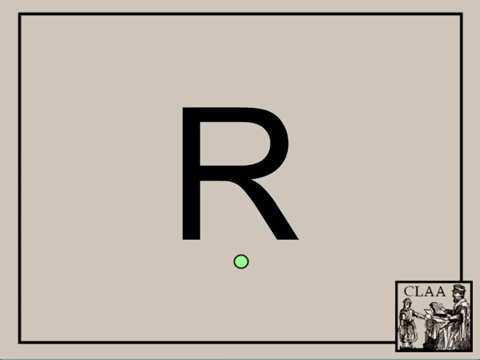Any time that we see the consonant R in writing, we read it with the sound R. If you can't make that sound, you can read it with the sound R. But you should work to make the sound R.